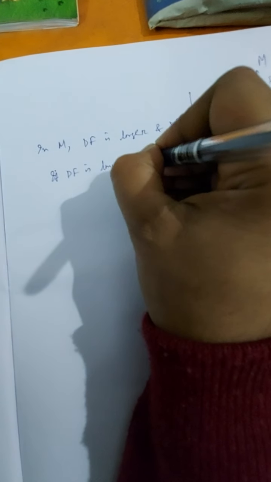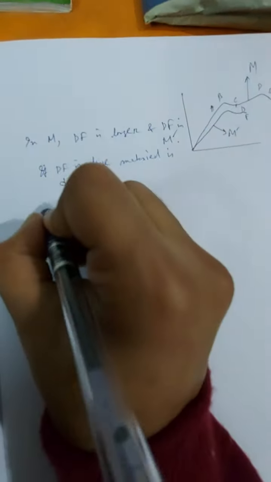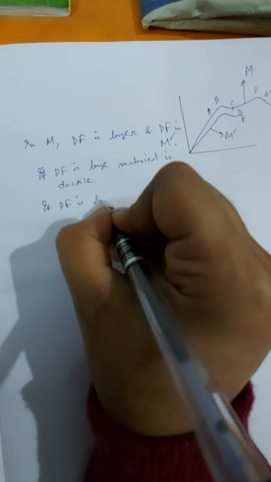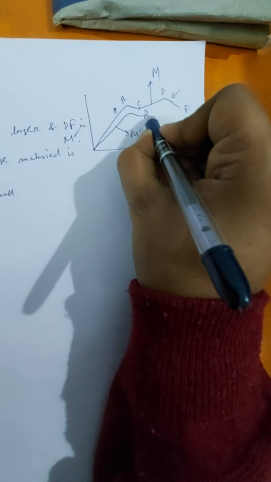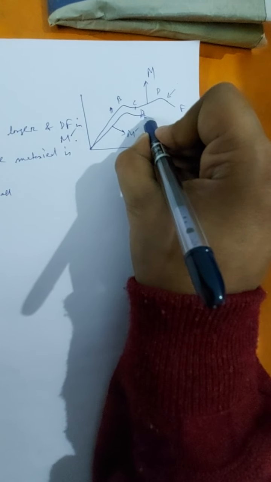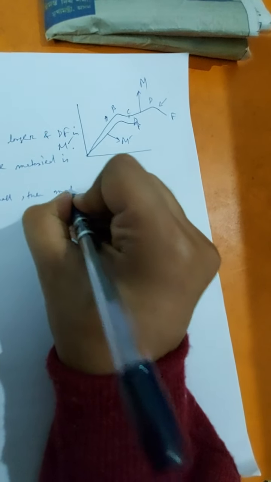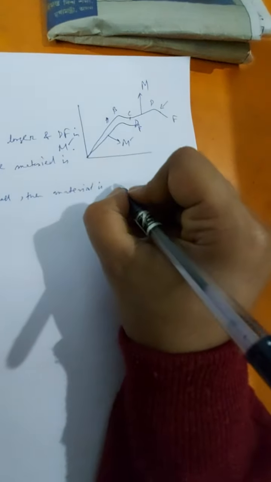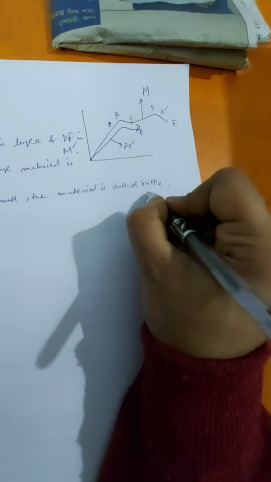If DF is large, the material is called ductile, and if DF is small, say this one, this is the point D, and immediately after that the breaking stress, the fracture point, comes, that is DF is small, then the material is called brittle.